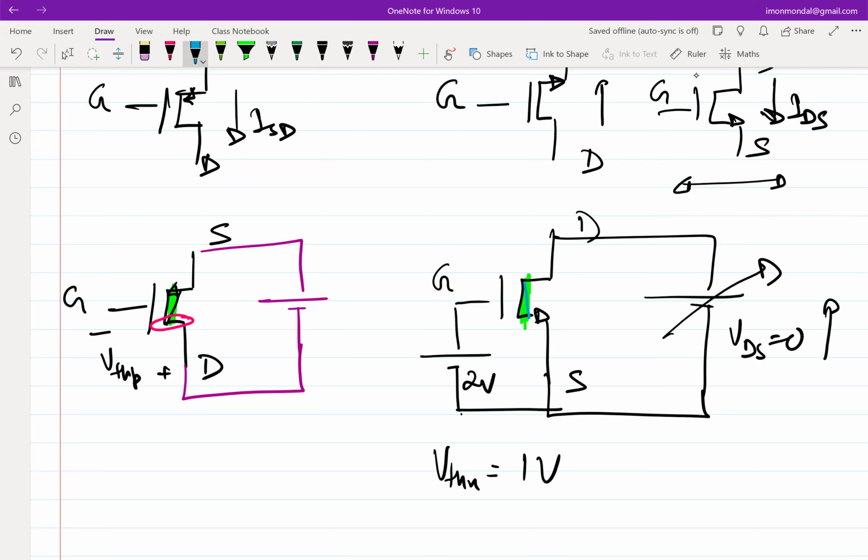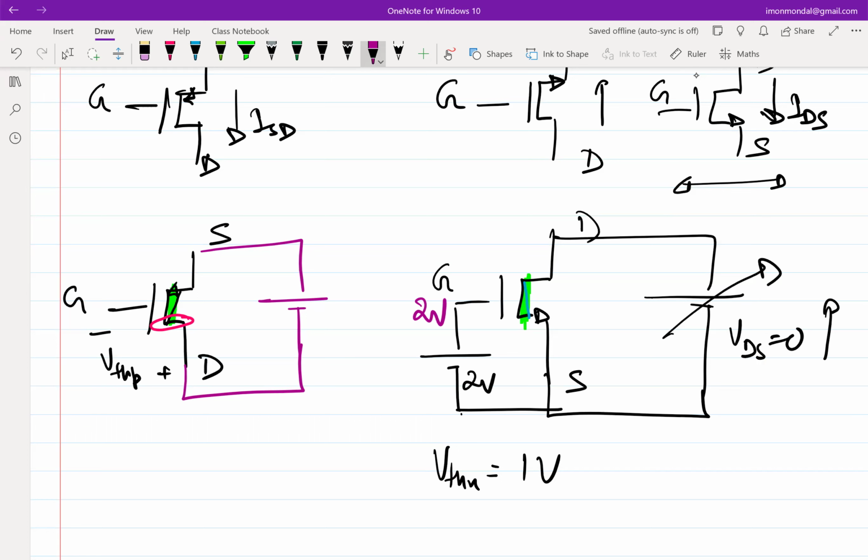When the drain goes to one threshold voltage below the gate. Sorry, let's say this is 2 volt. So for what value of drain voltage are we going to have pinch off? Not 3 volt. It will happen before that, right?